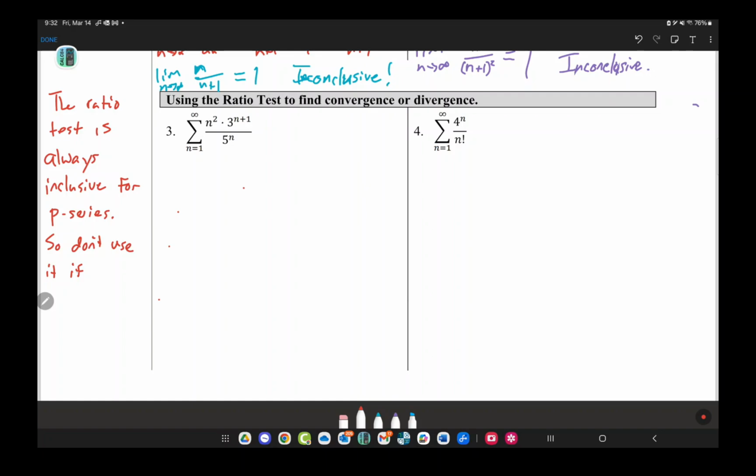So don't use it for p-series. If you know you have a p-series function, then we should know how to solve those anyway at this point. Now, specifically, this one isn't a p-series because it's not n to an exponent. Well, we do have n squared, but we have more than just that.